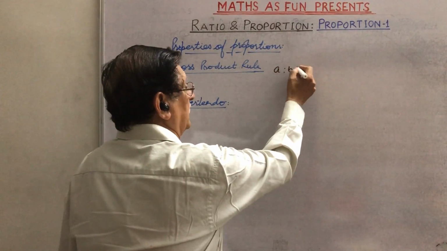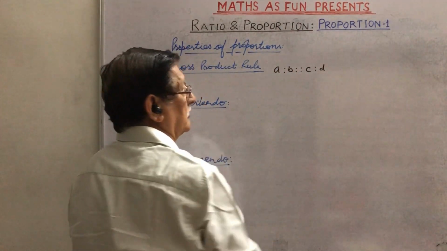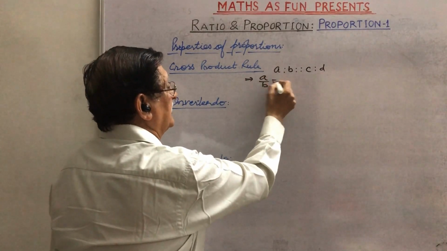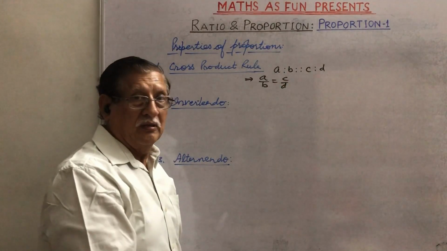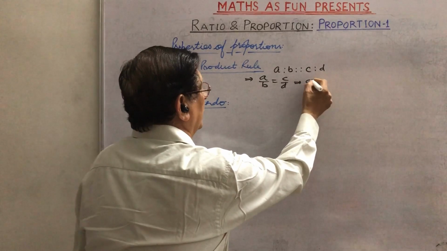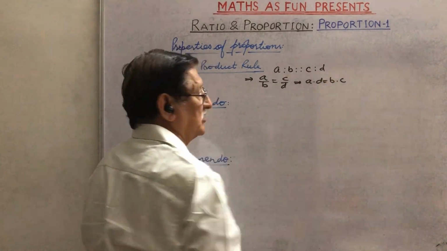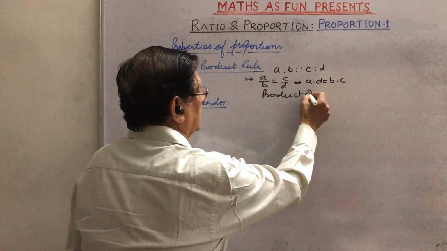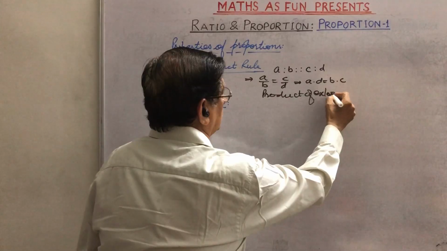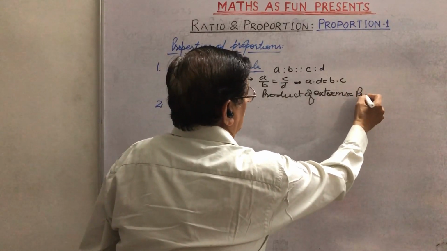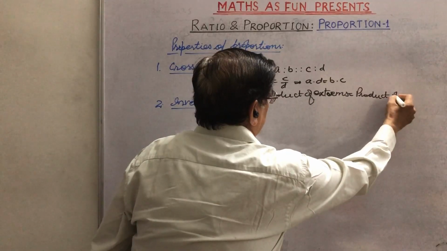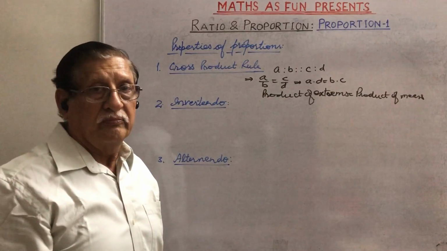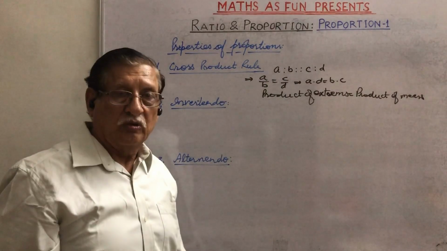If A is to B is same as C is to D, this implies that A upon B is equal to C upon D. If we apply cross multiplication, we find A into D is equal to B into C. Also, this gives us that the product of extremes is equal to the product of means. This is known as the cross product rule.